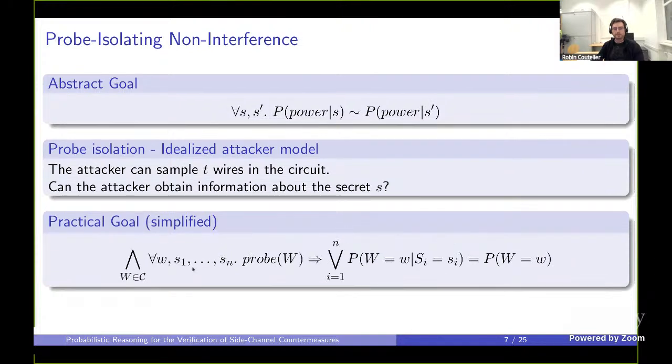And with shares, I said previously that if you do not know one of the shares, that's sufficient not to know the secret. And that's exactly this, right? So if any of the shares is uncorrelated with the wire, then we're good. So we want to prove that the circuit always keeps this property.